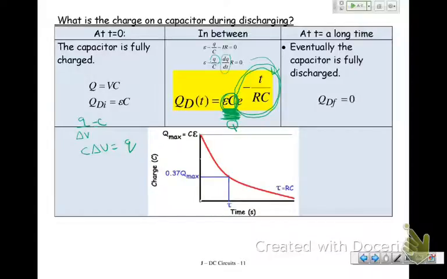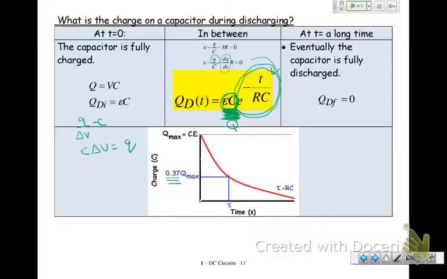E to the minus 1 is what value? On my calculator, e to the x, minus 1, equals 0.367. Oh yeah, I remember, that's my 37%.